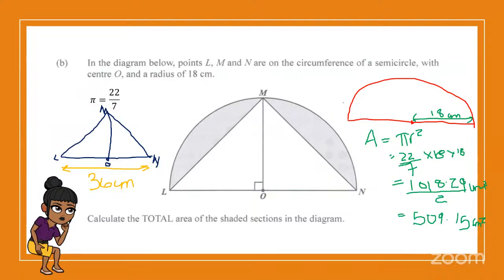So it is 18. So MO is a radius, so it is 18. Everyone see how we got the 18 for the height? Yes, miss. Did I lose anyone?